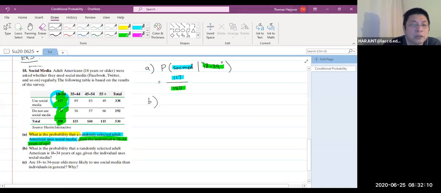Part B. Let me ask you to do it, but I want you to write the notation first and then do the computation.